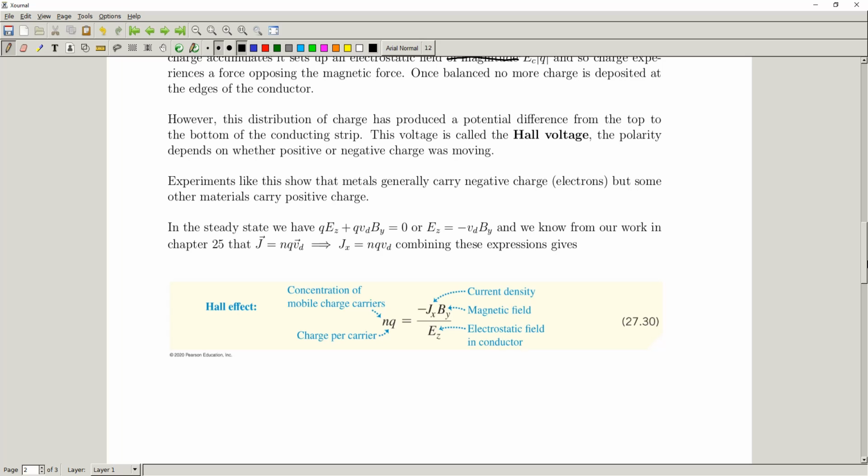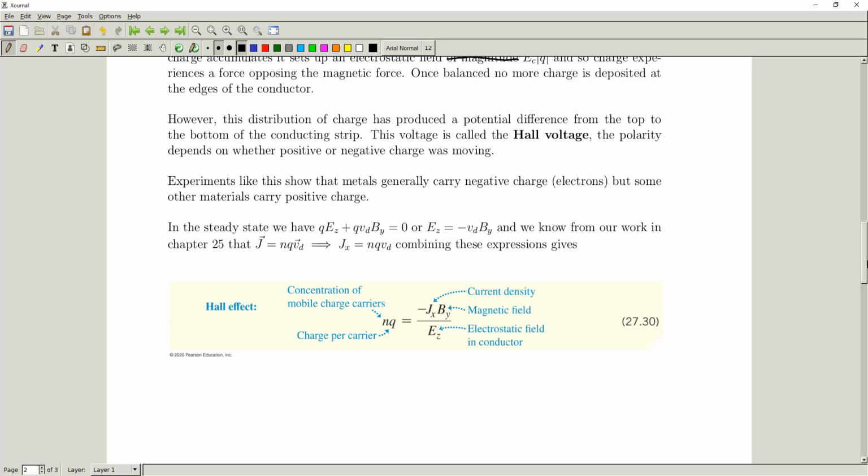If we do experiments like this on different conducting materials, we find that metals in general actually do have negative charge moving. So it's actually electrons moving in the opposite direction of what we think of as the direction of our current density, right? And if we look at other materials, sometimes we're going to see that it's positive charge moving in that direction.